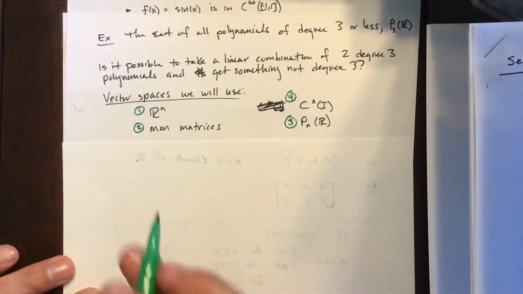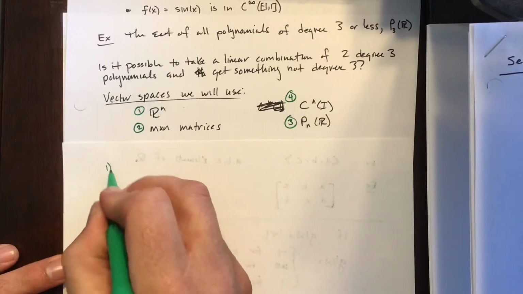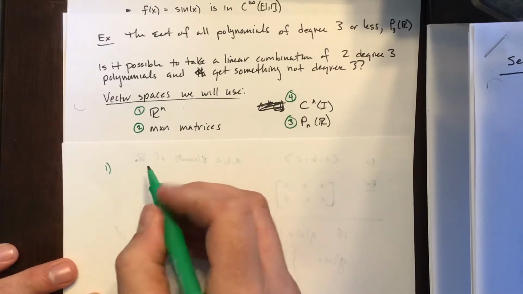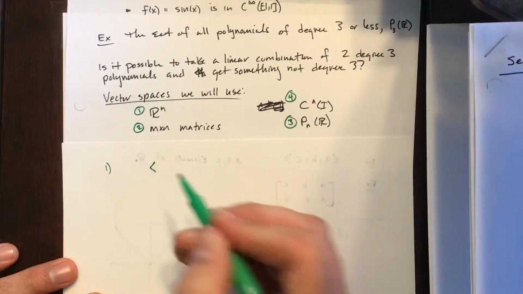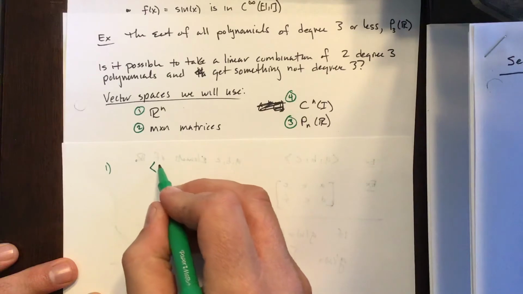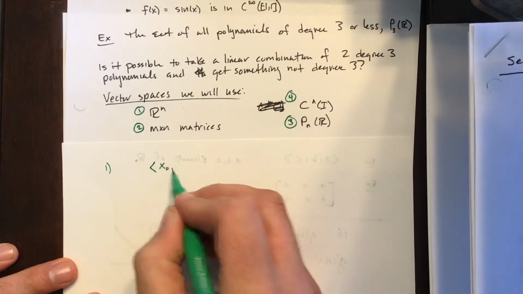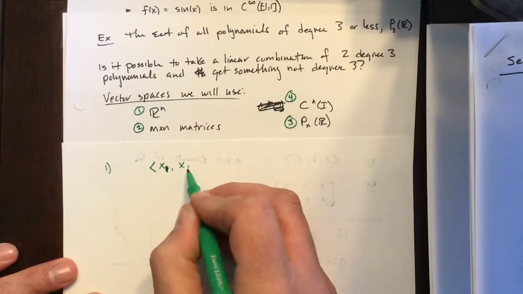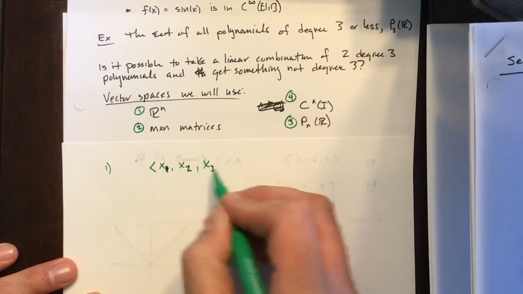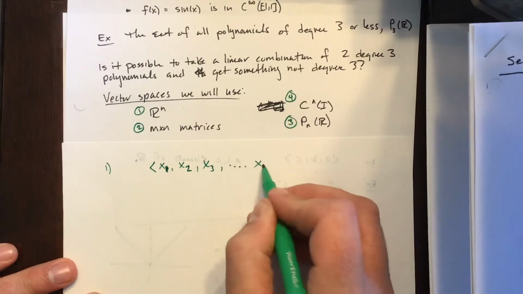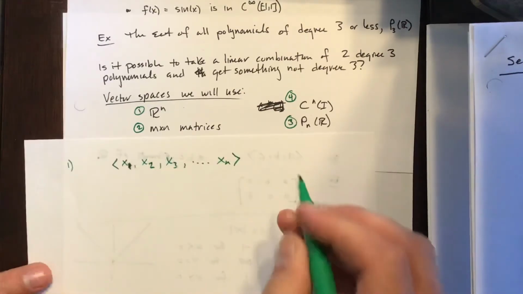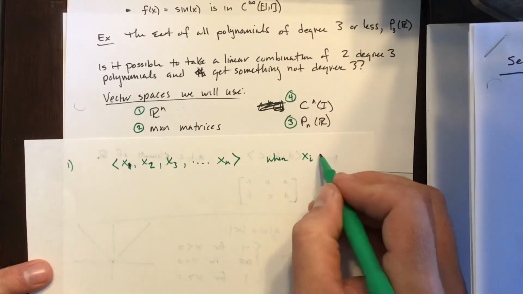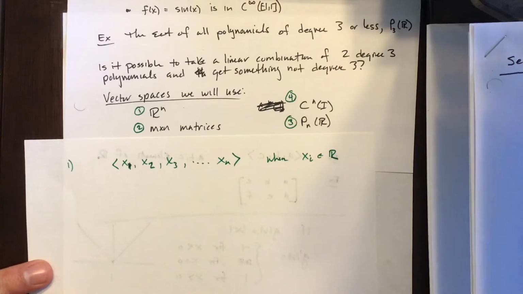Obviously, with number one, vectors in Rn, the generic element is going to look like x1, x2, x3, and so on, up to xn, where the x sub i are all elements of the reals.